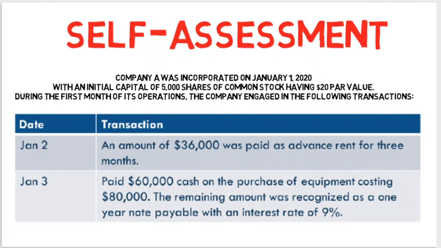January 2nd, an amount of $36,000 was paid as advance rent for 3 months, and January 3rd paid $60,000 cash on the purchase of equipment costing $80,000. The remaining amount was recognized as a 1-year note payable with an interest rate of 9%.